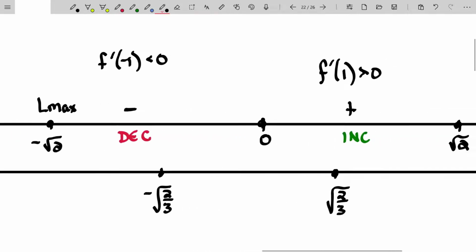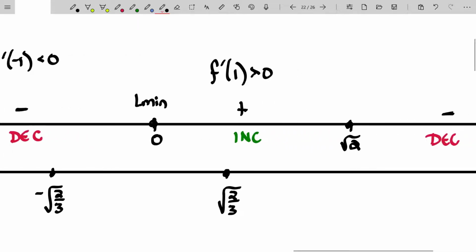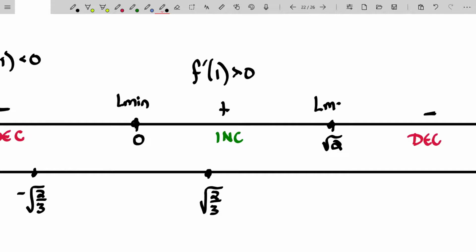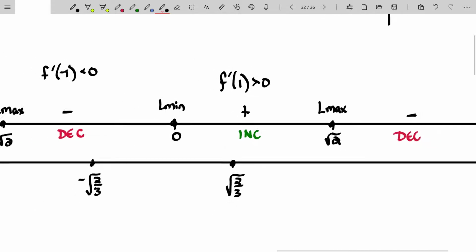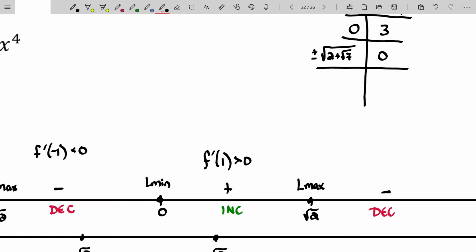If it goes from decreasing to increasing, we have a local min. If it goes from increasing to decreasing, we have a local max. And that is if your function is continuous, which our function is, so I don't have to really sweat that issue.